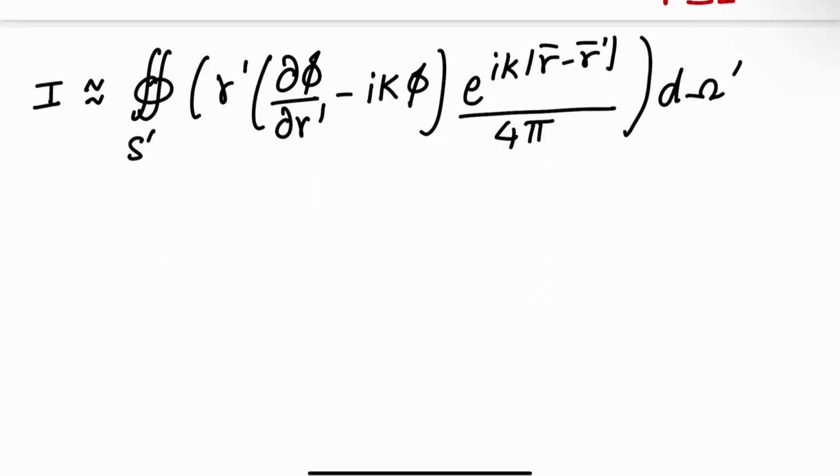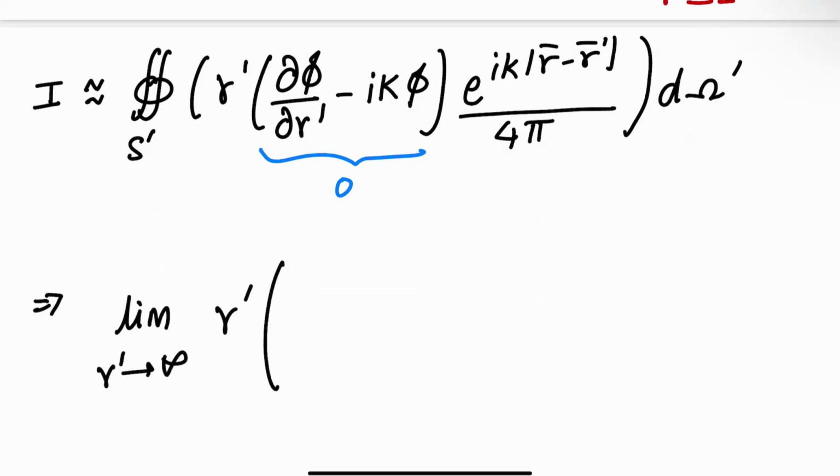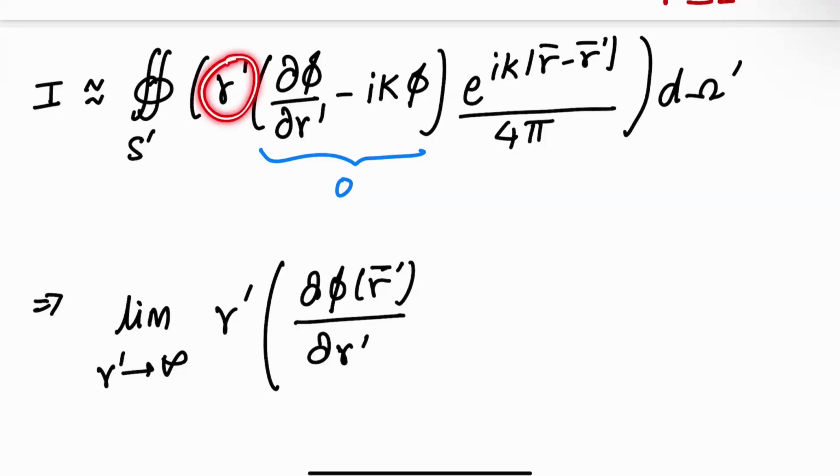The way to make that 0 is to set this bracket to 0. That implies the limit as r' goes to infinity of r' times [dφ(r')/dr' − ikφ(r')] equals 0. Of course, you can't just make that bracket 0, because this is a limit process, so we need to include even the r' term in there.